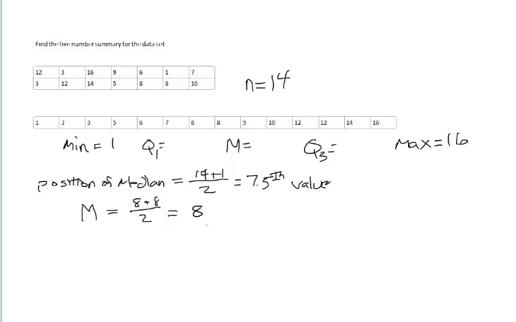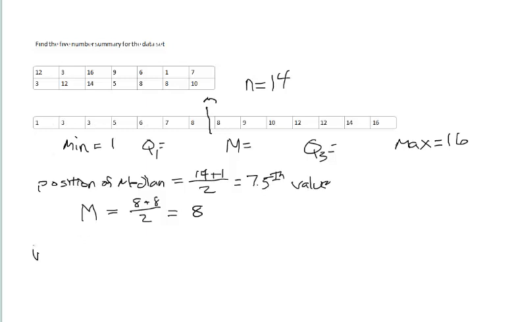And now that we know the median, remember that neither one of these numbers is actually the median. Remember, the median is right here in between the two. And that's important because now we need to count the ends on either side of the median to find Q1 and Q3. So looking to the left side to find Q1, we can count 1, 2, 3, 4, 5, 6, 7 values.